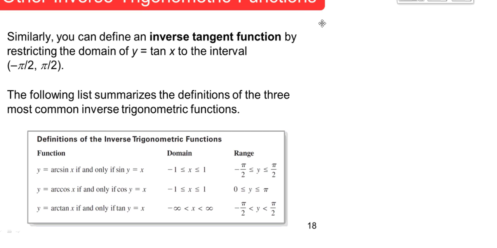If we think about the tangent function, remember at negative pi over 2 and pi over 2, there are asymptotes. So that means it's not going to include those values. And then we have our 3 key points. So tangent looks like this.